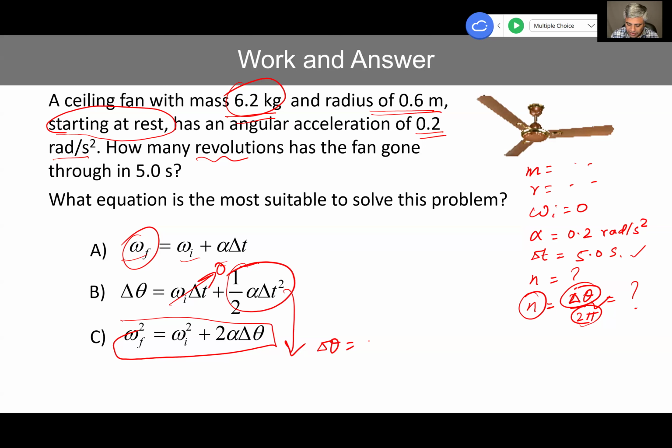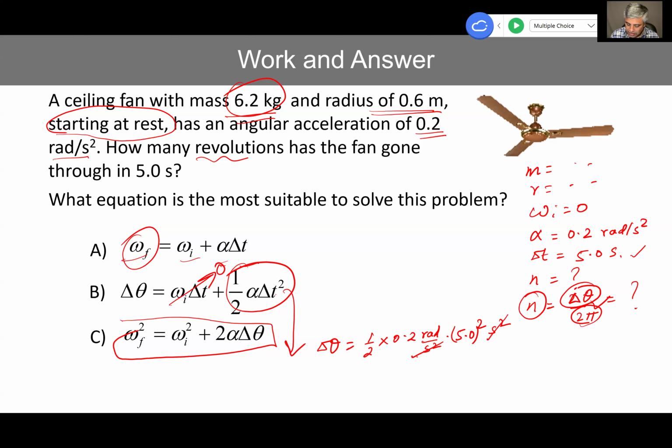So it's going to be half times alpha, which is 0.2 radian per second squared, times time squared. Time squared means 5.0 squared, and the unit also gets squared.